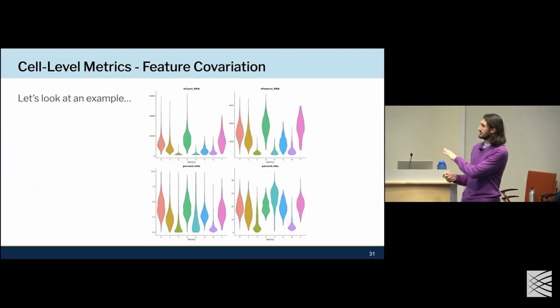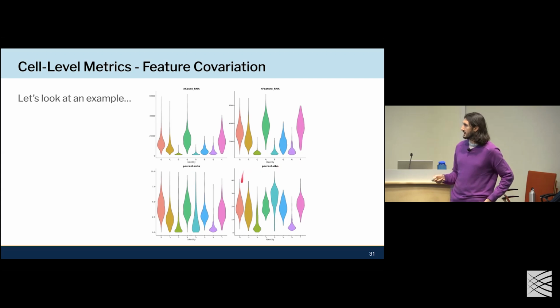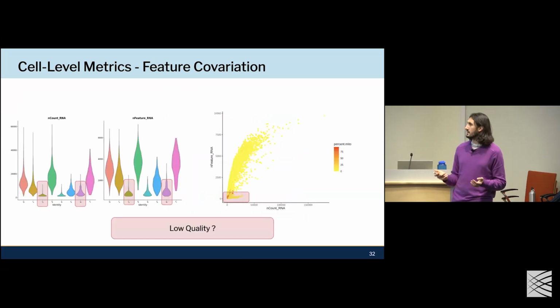But if we look at an example here, from everything that I just told you, we would think clusters 2, 4, and 6 potentially seem to have very low library size and very low number of detected genes compared to the rest. And again, clusters 2 and 6 seem to have low mitochondrial percentage and low ribosomal percentage. So what could be going on with these clusters? Are they low quality? Most of these clusters ended up being in this lower tail down here.